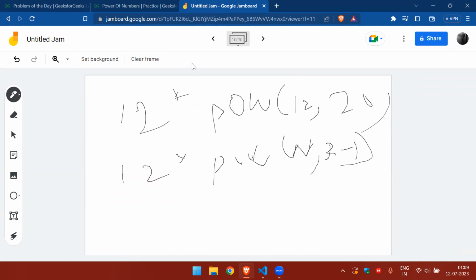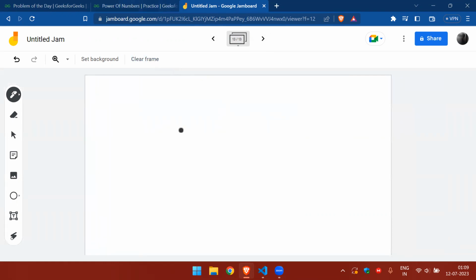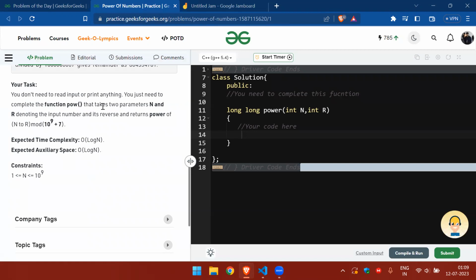But this will not get accepted because you will be using big O of n time complexity, since you will be traversing all over the n, right? So what else can you do?